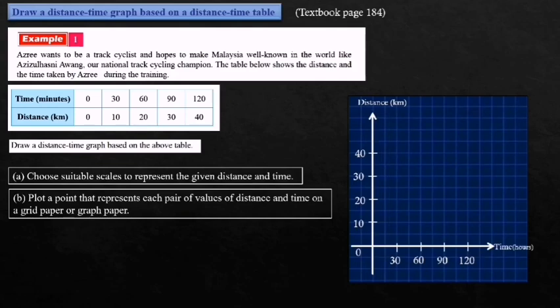Next step, plot a point that represents each pair of values of distance and time on grid paper or graph paper. So here we plot on grid paper.